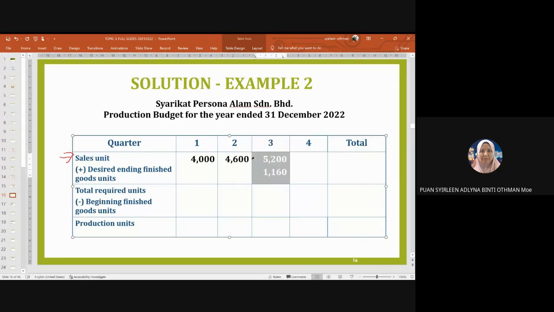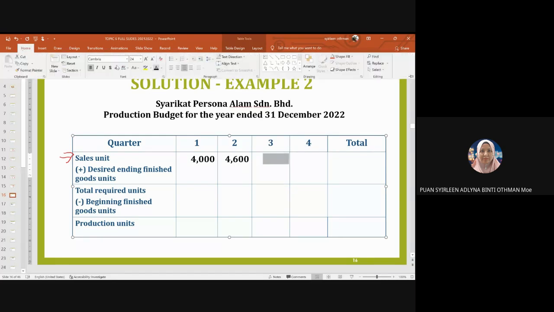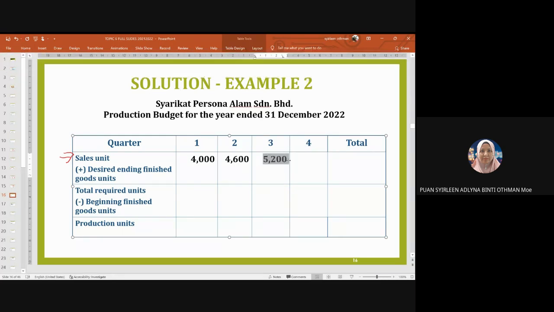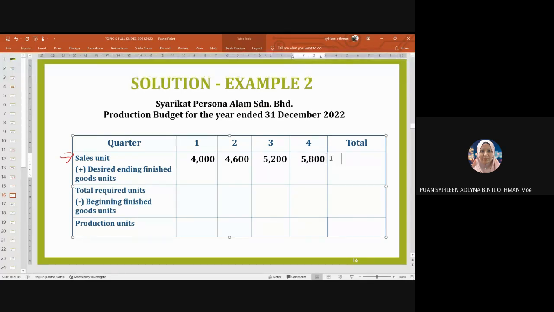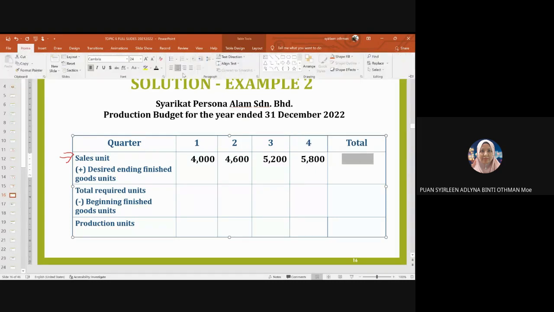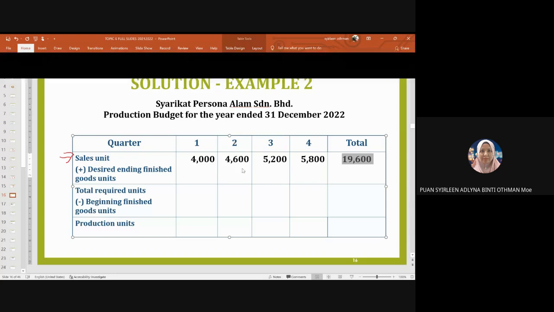Lepas tu third quarter kita ada 5,200. Fourth quarter kita ada 5,800. So total dia sama, sebab these figures are taken from your sales budget, so your total unit is still the same, 19,600.